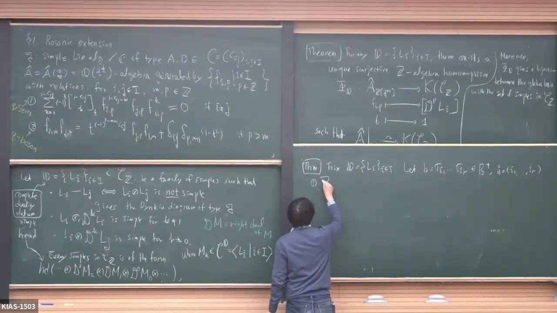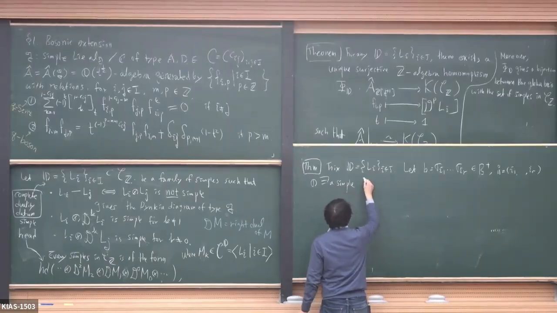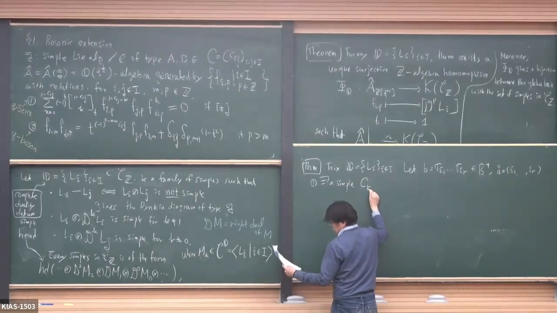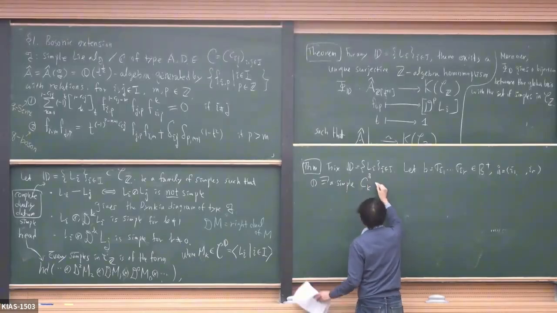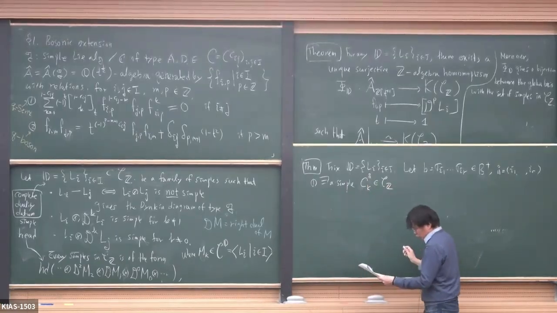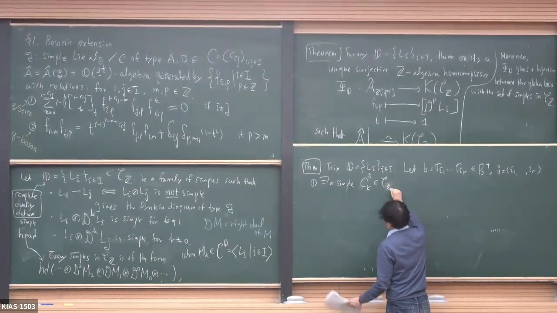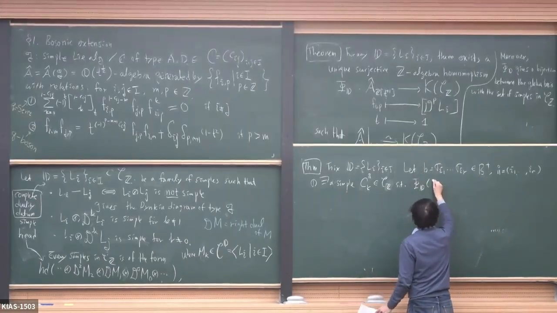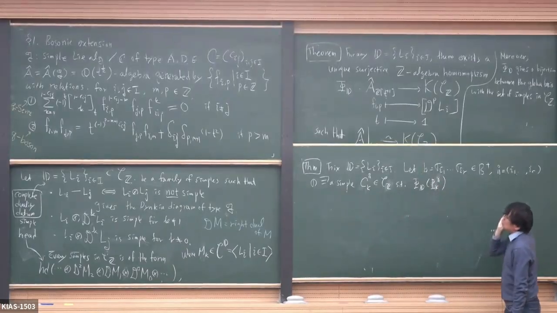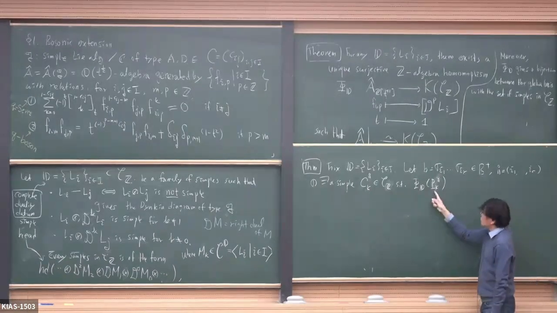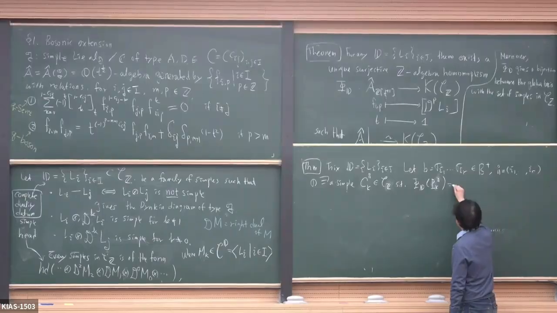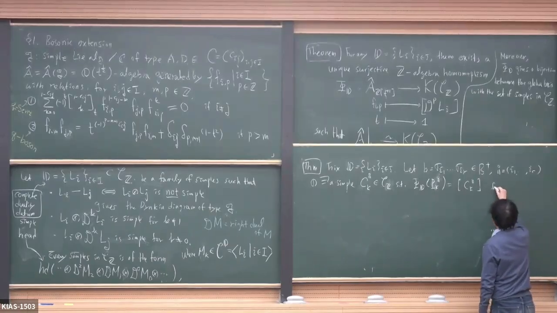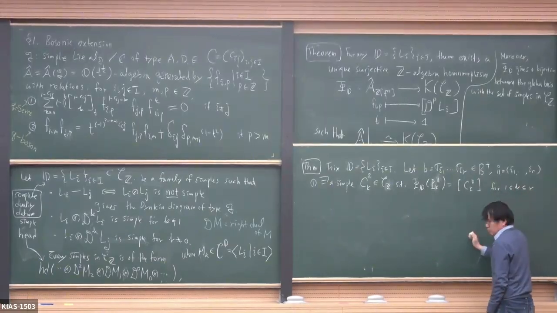First, there exists a simple object C of K_i in C_G such that the image under the homomorphism of this, the PBW generator, gives the class of the simple object C_k.